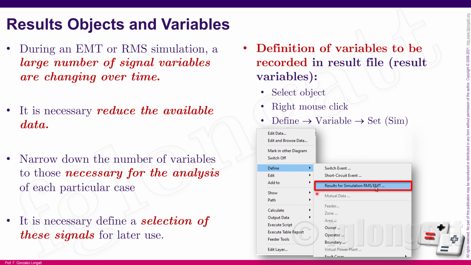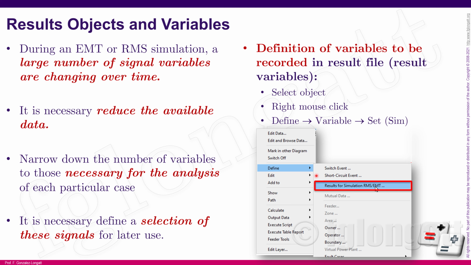What this is doing is basically many things that we used to do manually. Power Factory is creating the result objects and then defining a pre-default set of variables that you can use, okay? That is amazing.